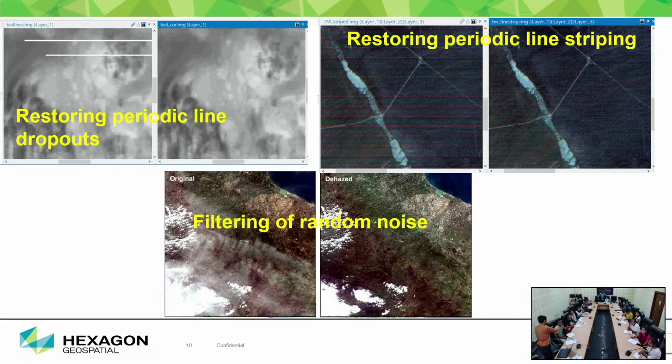When the data is being collected this way, in a certain period of time the sensor does not work, and that's why data is missing and some white striping is coming in the data. After the correction you can see that there is no line striping.